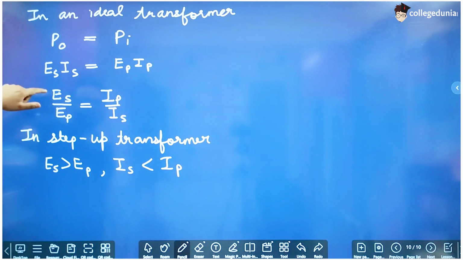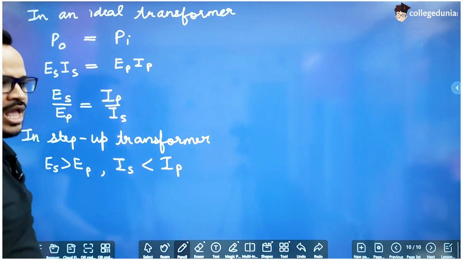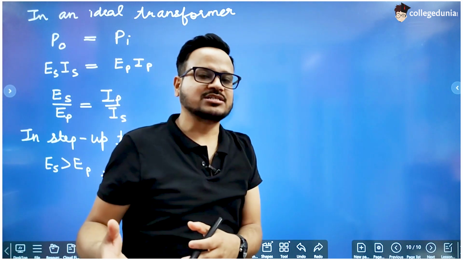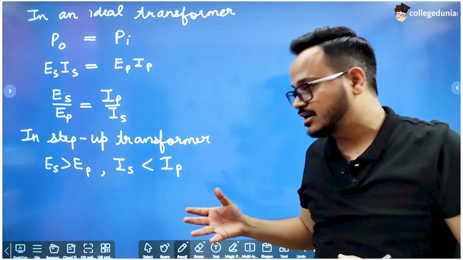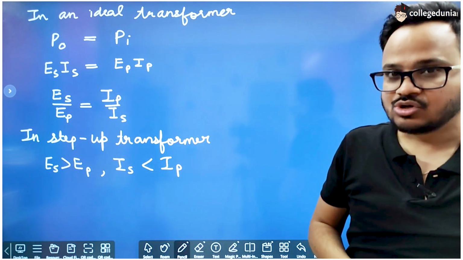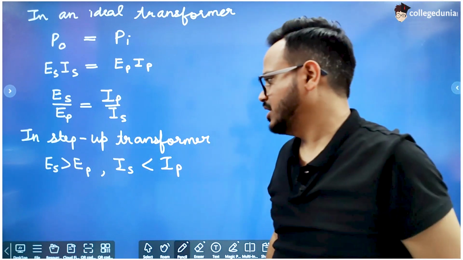If this ratio is more than 1, because ES is more than EP, then obviously IP is more than IS. So in the case of a step up transformer, one type of energy, that is voltage, increases, but the other type, that is current, decreases. So there is a balance of energies.